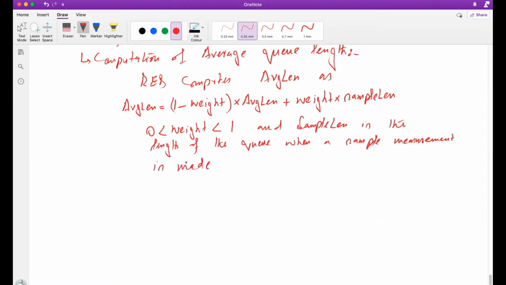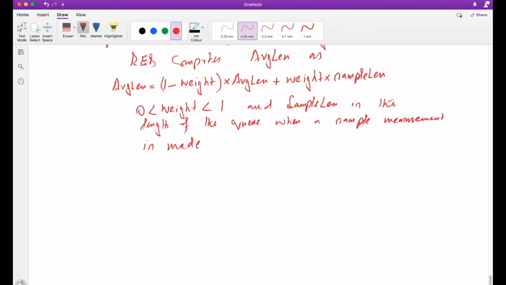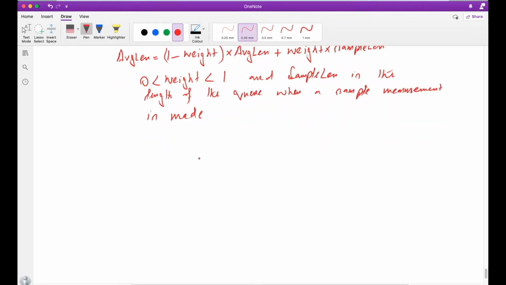Let's try to understand this with the help of an example. Why do we need to have the average length into consideration? So let's try to understand the need for this average queue length with the help of this scenario.